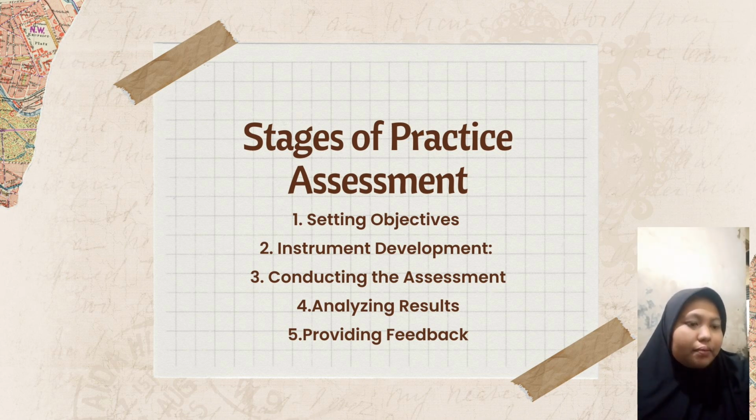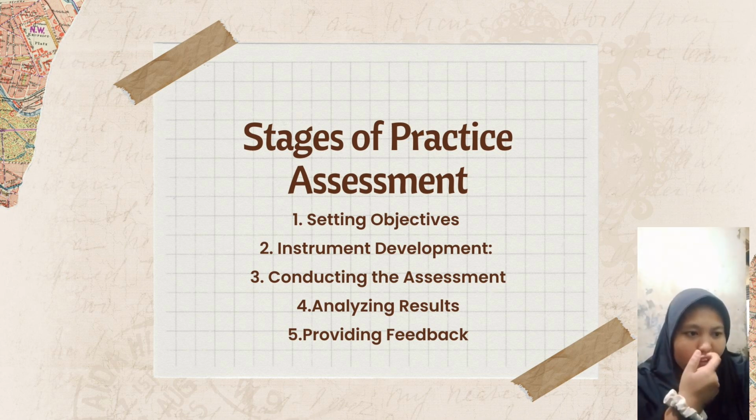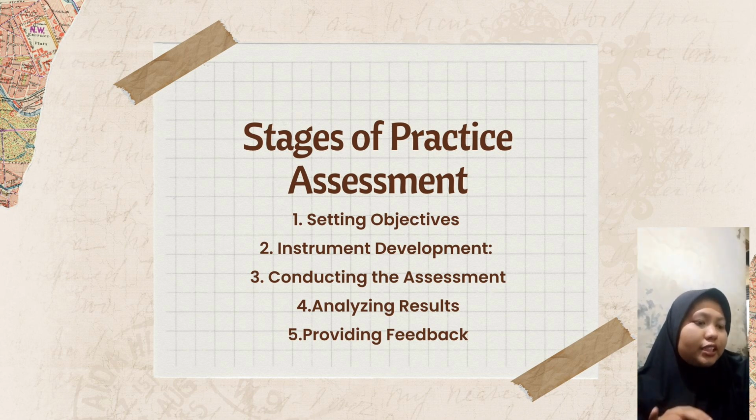Conducting the assessment. The assessment is carried out according to the prepared instrument. For instance, in LPT participants listen to recordings and answer questions related to the content, while OPI involves a live interview with a certified tester.